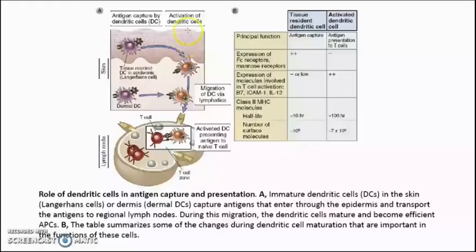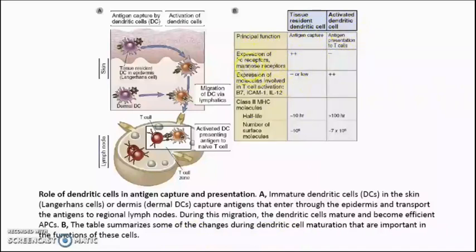In this diagram, activation of dendritic cells, whether from Langerhans precursor or dermal dendritic cell precursor, and migration to lymph node. In lymph node, there is an activation of naive T cell. In this diagram here is a summary of the changes during dendritic cell maturation that are important in the function of this cell. The principal function of tissue-resident dendritic cells is antigen capture, and of activated dendritic cells is antigen presentation to T cells.